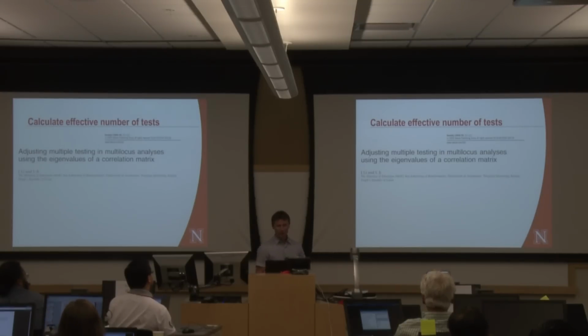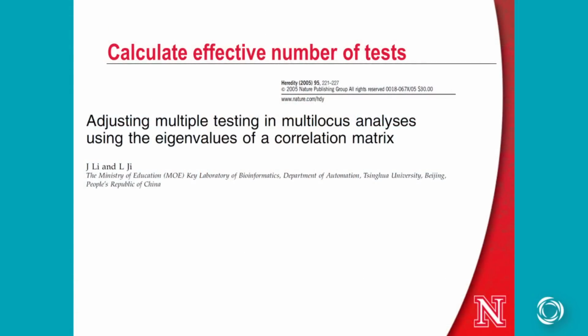There's this other analysis here, which I wanted to go through in more detail, and it's the equation that I have in this R script, which will calculate this statistic for you. It's from this paper. Basically, it takes an eigenvalue decomposition approach to determine how many effective tests you have if they were all independent of one another.